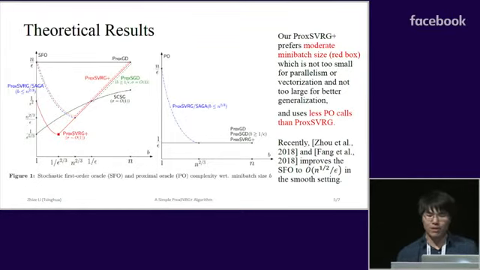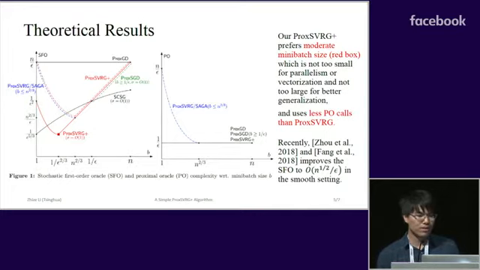And as we mentioned in the last slide, our proximal SVRG+ algorithm prefers moderate minibatch size, which corresponds to the red box point at the bottom of the left figure. The value of this minibatch size is 1 over epsilon to the power 2/3.